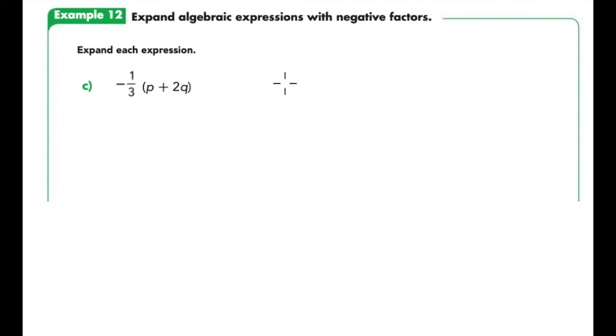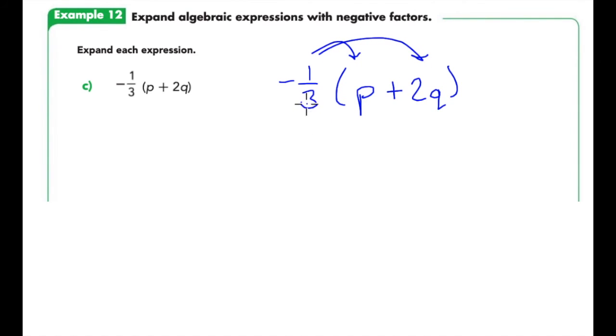For our last example of expanding algebraic expressions with negative factors, we have a negative 1/3 times the sum of p and 2q. So we have that same setup again of our distributive property. We take the outside factor and multiply it by both parts inside.